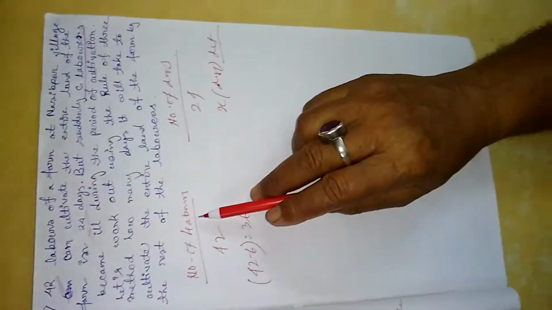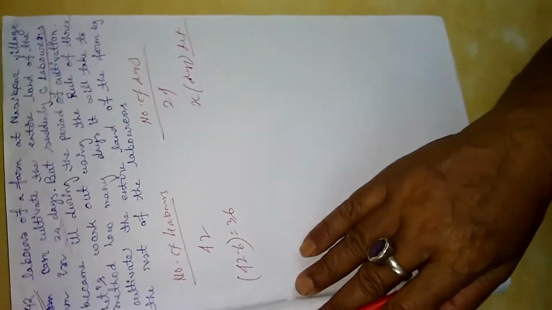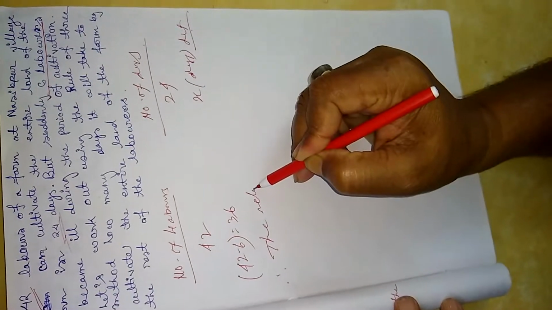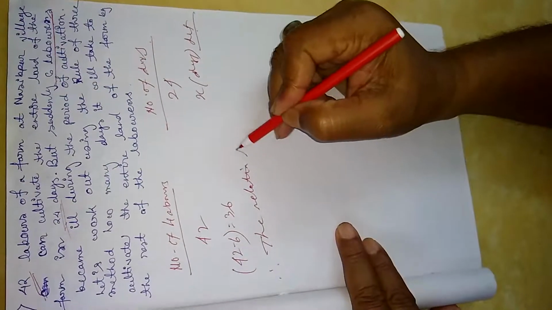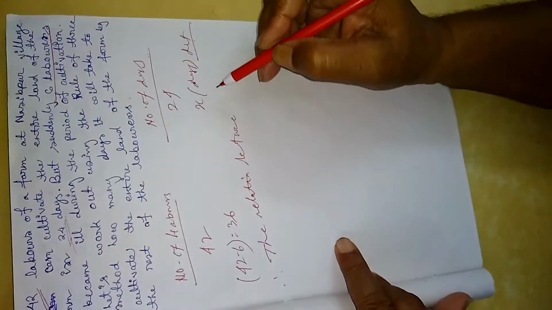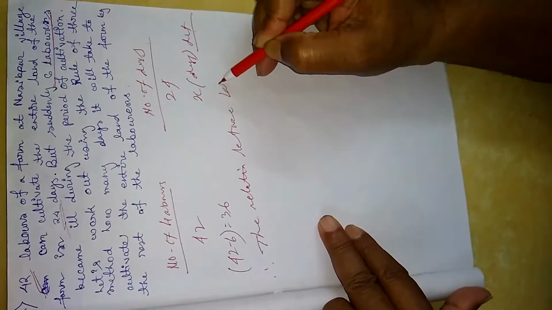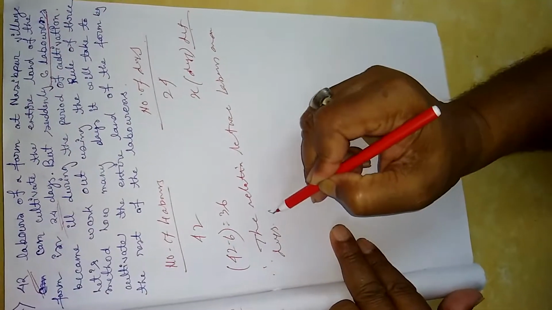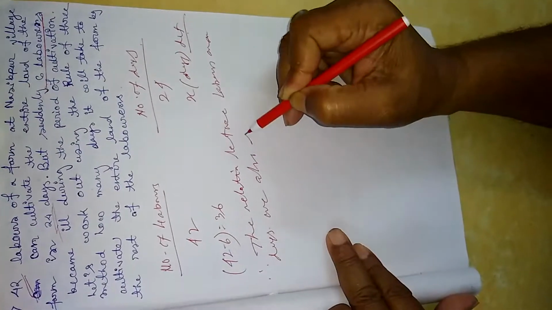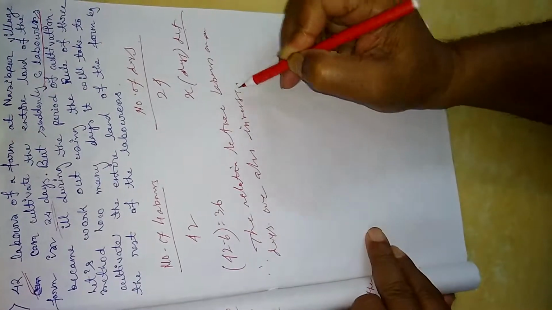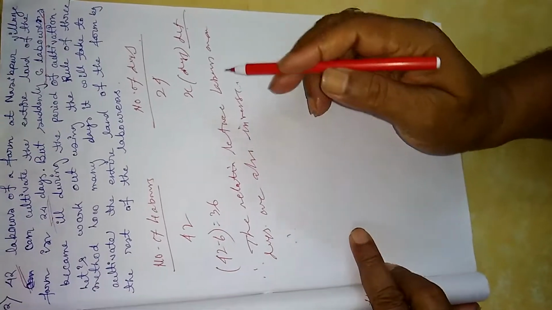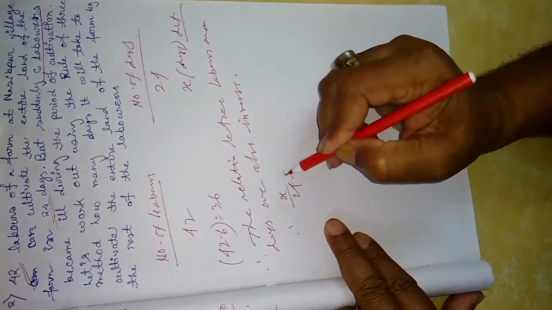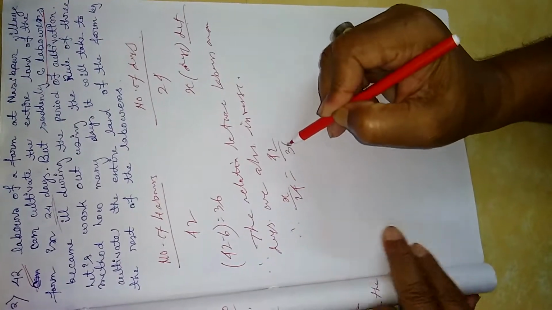Here the number of laborers and number of days also have an inverse relation. Therefore, by the rule of three, we can write x by 24 equals 42 by 36.